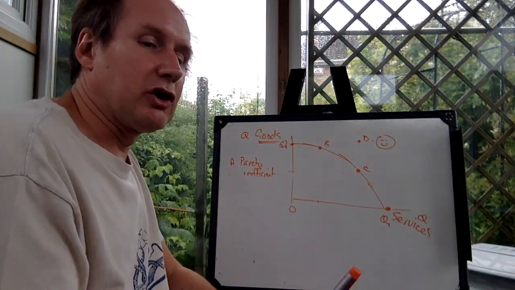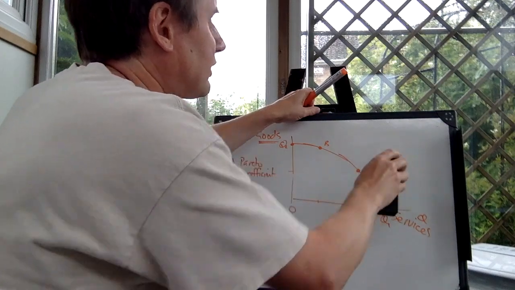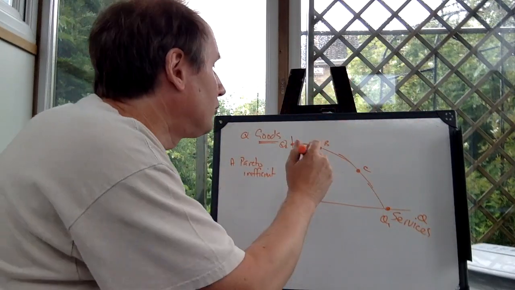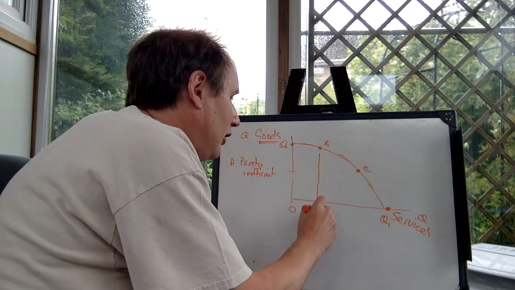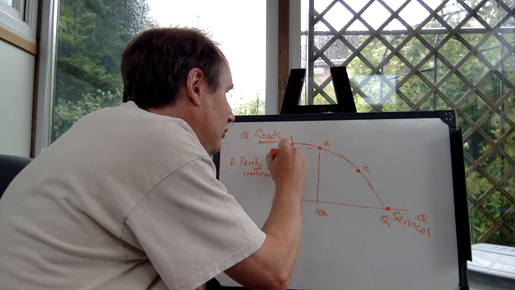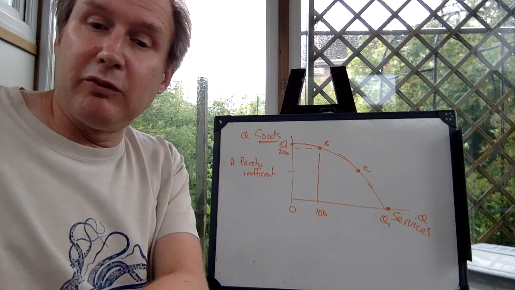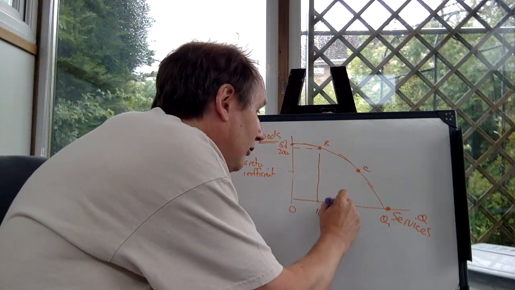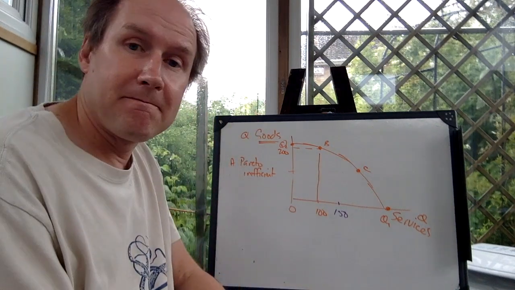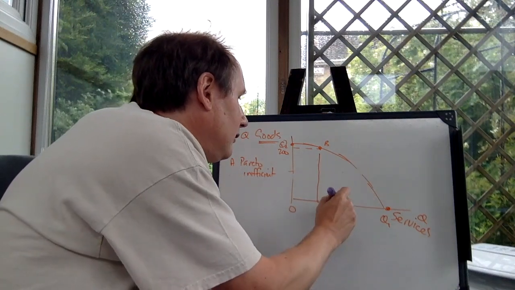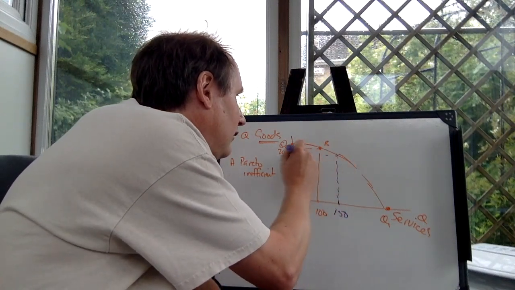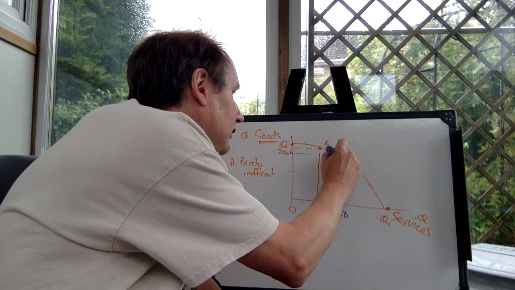But we can also show the idea of opportunity cost. Suppose we're at point B, and we have, say, 100 services and 200 goods. And let's suppose that we want to have 150 services. Well, we can, but in order to do that, we have to give up some goods.